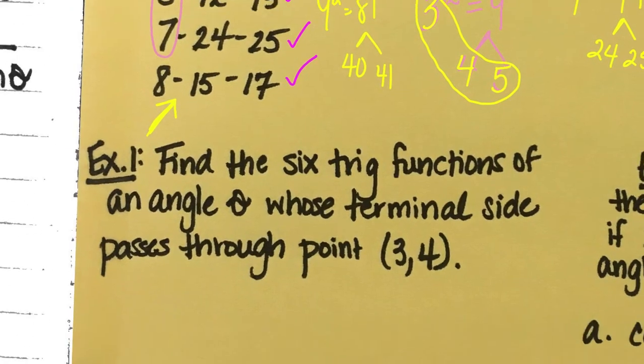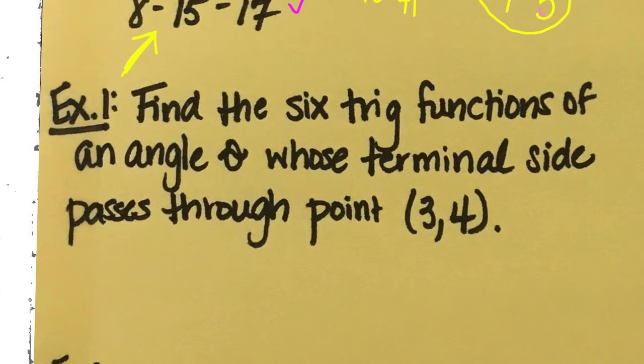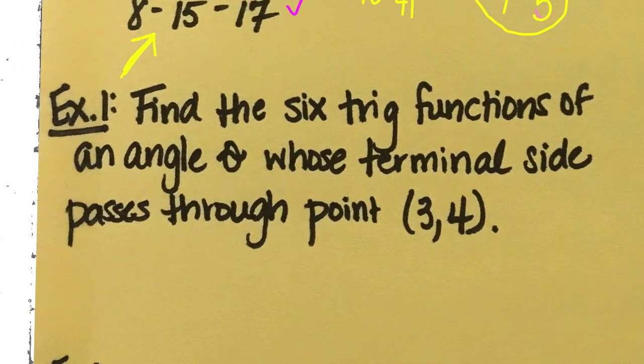Let's move to the 6 trig functions of angle theta whose terminal side passes through the point 3, 4. If I had to graph the point, 1, 2, 3, 1, 2, 3, 4, that would be here. And we're talking about the unit circle, where everything travels counterclockwise.